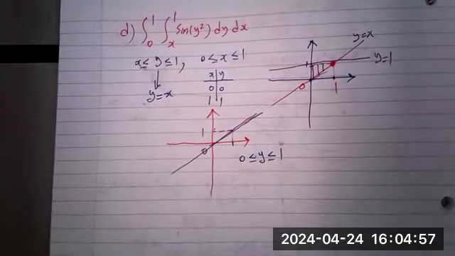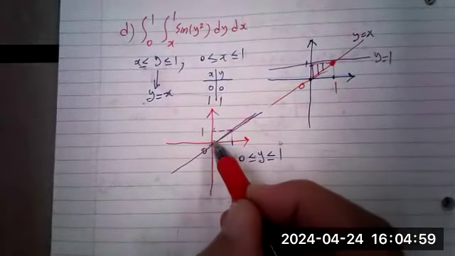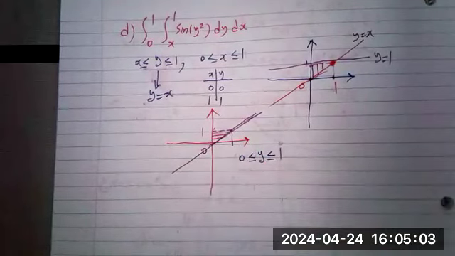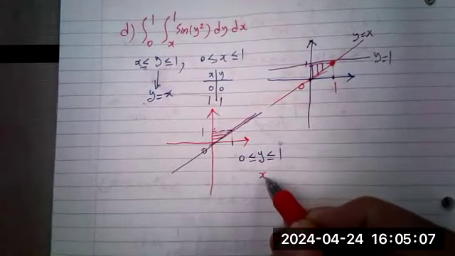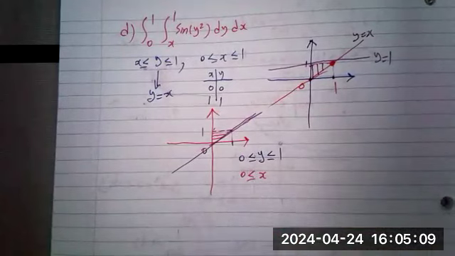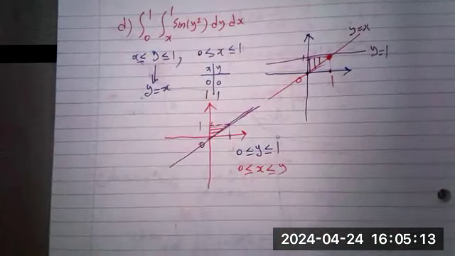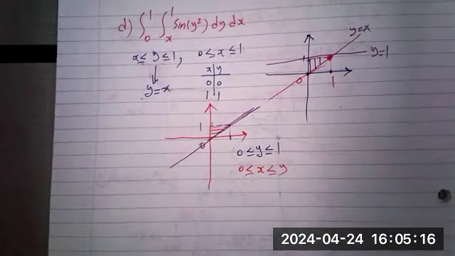Now to get x, you go right to left. The right is just the y-axis, in this case x is 0, and the other side is simply y, because we have y equal to x, now you change it to x equal to. So it's not a difficult region to organize.